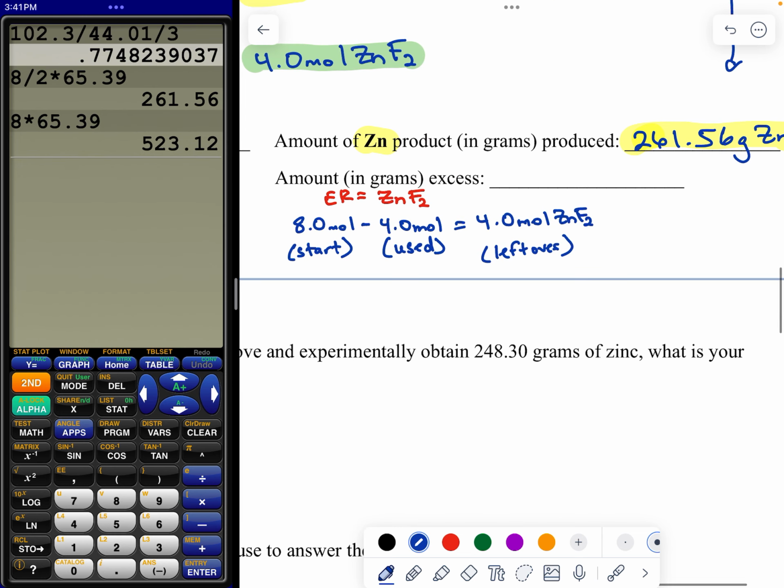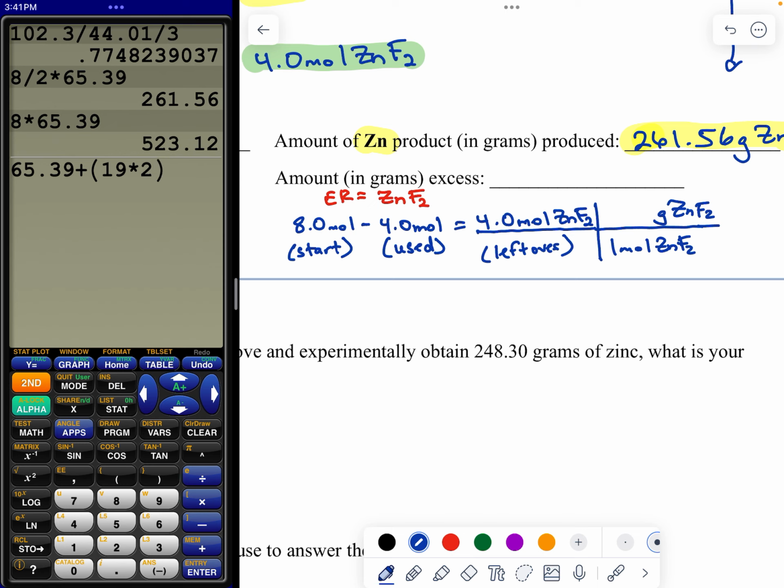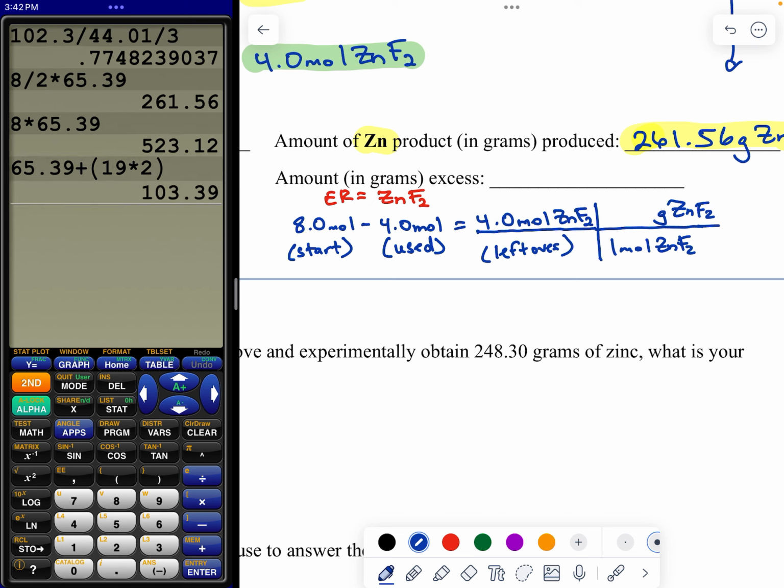Right, but I do ask you for grams here. So we're going to go one extra step, and we're actually going to do a quick dimensional analysis, and we're going to put the answer up here. 1 mole of zinc fluoride is going to be equal to a certain amount of grams of zinc fluoride, which is 65.39 plus whatever 19 times 2 is, right? 2 of those fluoride ions.